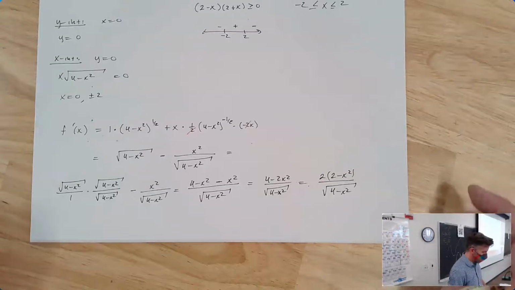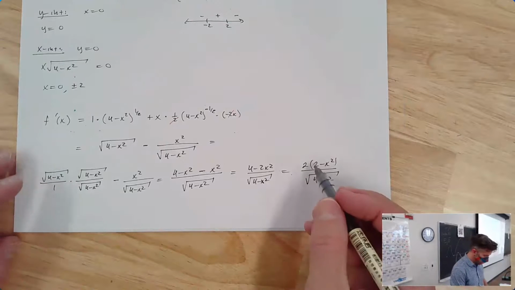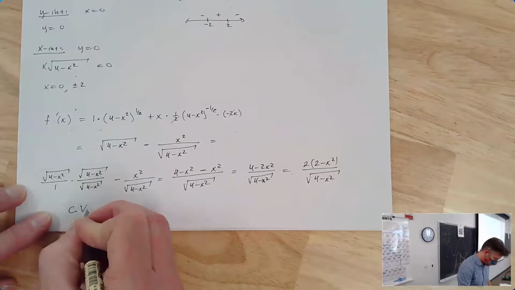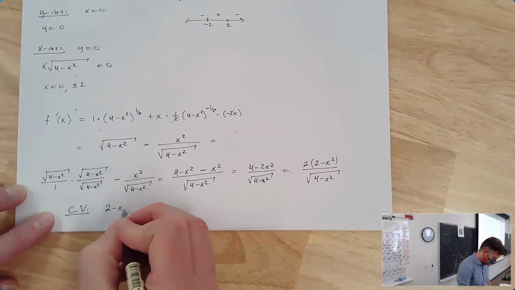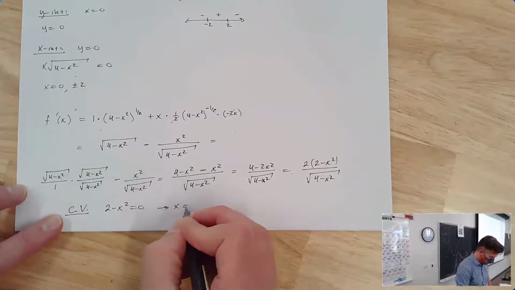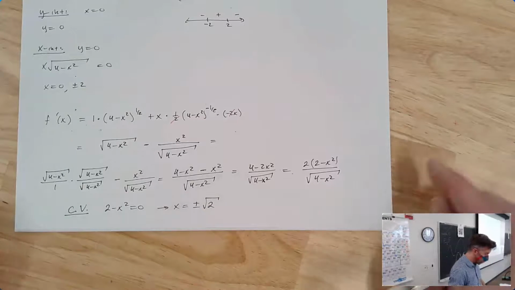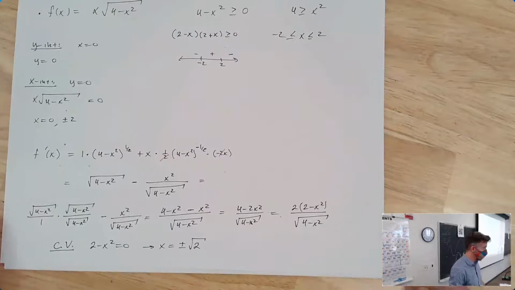Okay. So what are my critical values? Well, what's making the numerator 0? Well, 2 minus x squared equals 0. I think we're going to get x equal to plus or minus the square root of 2, which is certainly in the domain, right? That's definitely between -2 and 2.